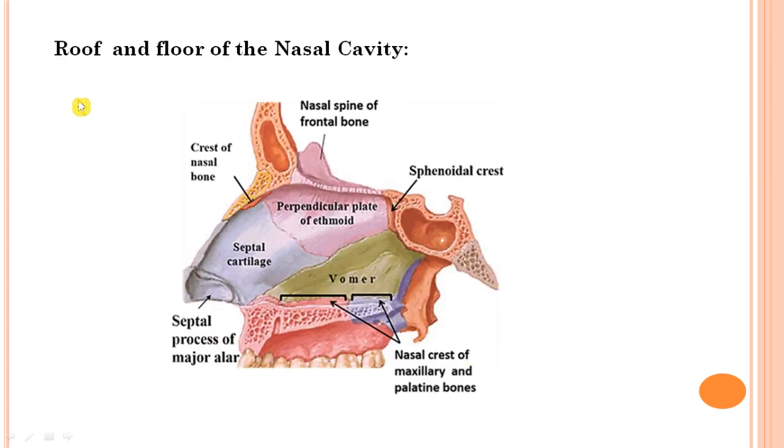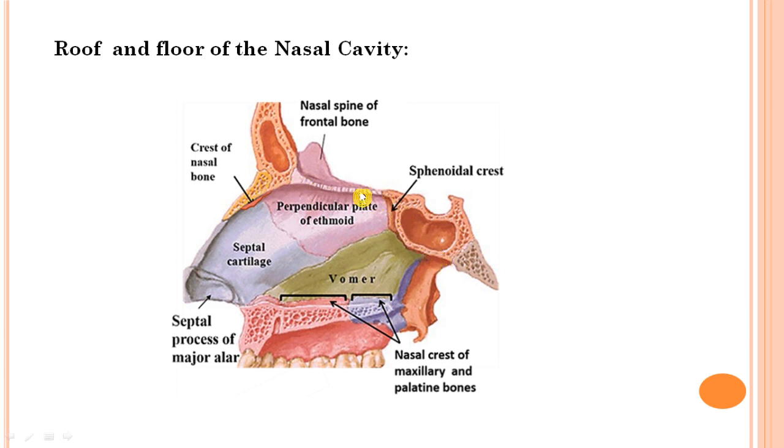Now let's talk about the roof and the floor of the nasal cavity, which are pretty easy. First of all, the roof. This sloping area in front is formed by the nasal bones, as we have studied at the start. So the two nasal bones form this sloping area in front, whereas on the posterior side it is formed by the sphenoid bone.